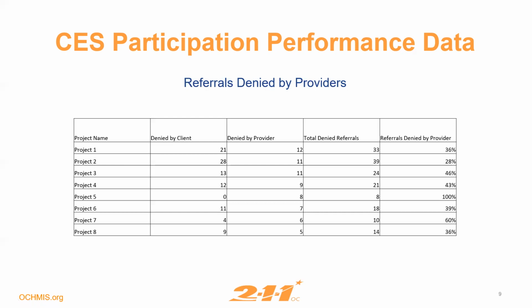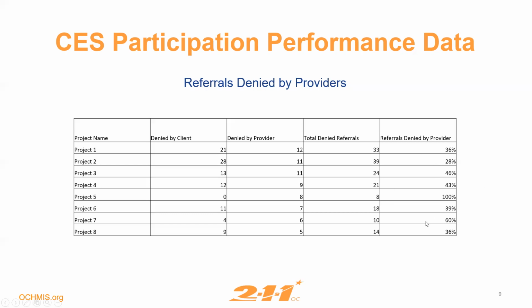This one can be a little tricky because the matchmaker is making those matches based on eligibility and other criteria that you may have for your projects, so there can be a little bit of human error in that. If we were to move forward with this, I would not recommend 100% or 0% denied by provider or anything like that.